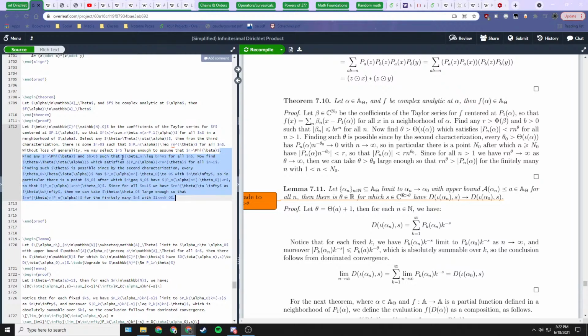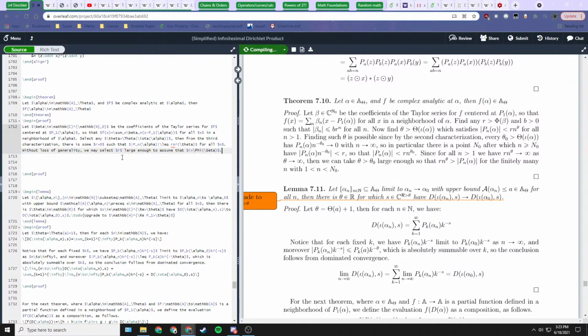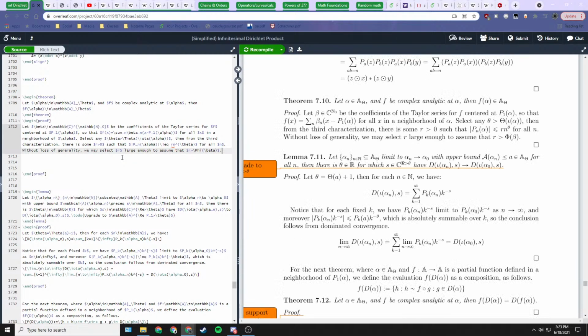So we just have r greater than phi beta, and then we've selected theta such that this is less than that. Okay, that's fine. So that's actually what we needed. Okay, so we've got that.